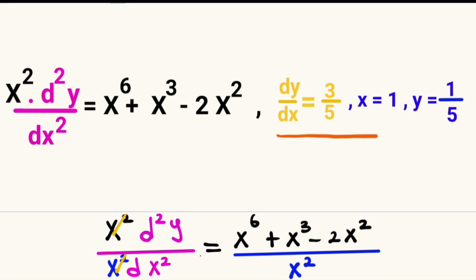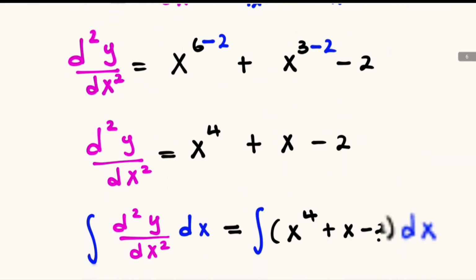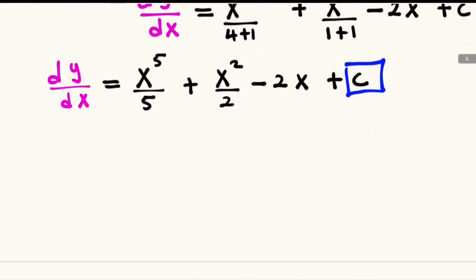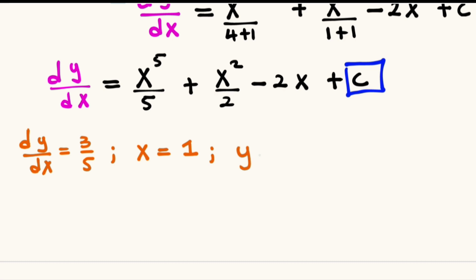given as dy over dx is equal to 3 over 5, x is equal to 1, and y is equal to 1 over 5. So we have dy divided by dx is equal to 3 divided by 5, and the value of x is equal to 1, and the initial value of y, which is equal to 1 divided by 5.